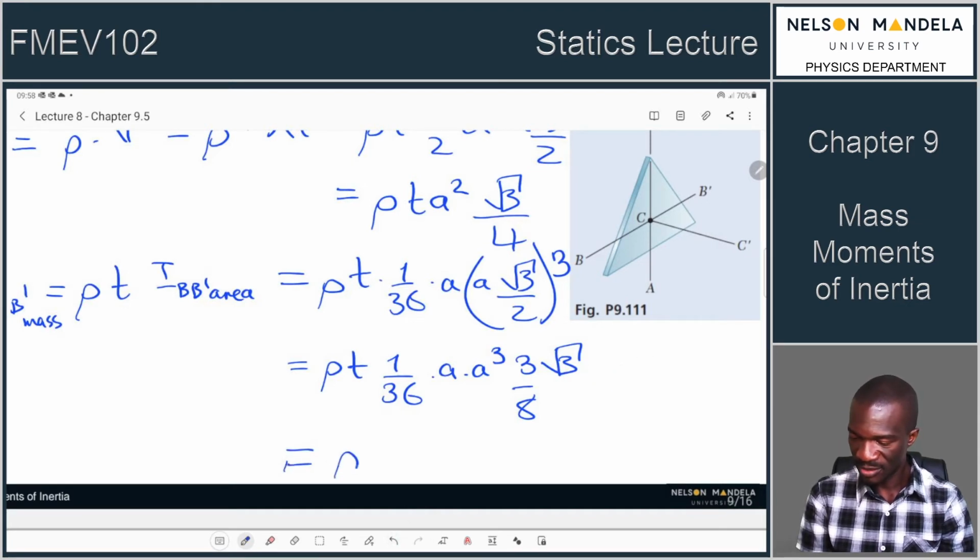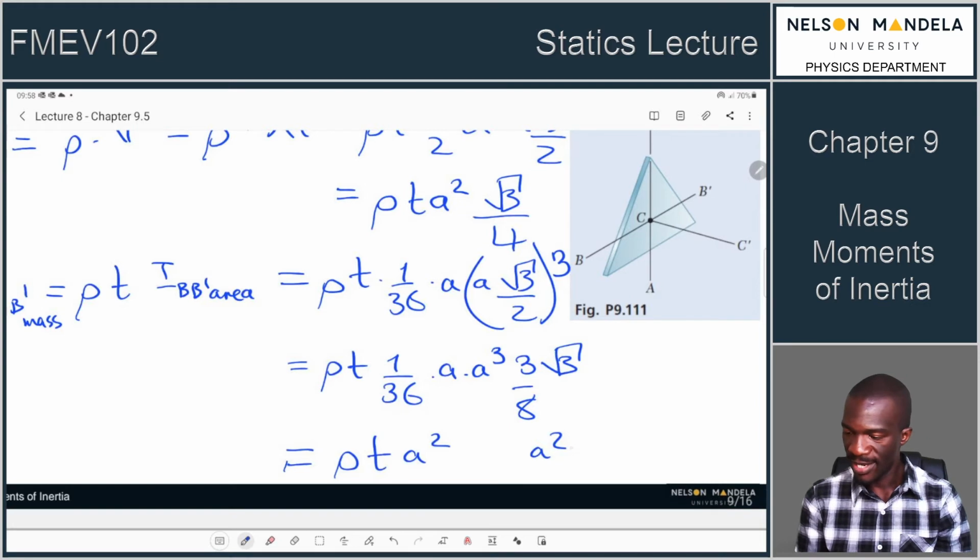So this is now equal to rho T multiplied by A squared. If we take out an A squared, we remain with A squared. Then root 3, which means we remain with a 3 over 8. At the denominator, we want to extract a 4, which means we can remain with 36 multiplied by 2.